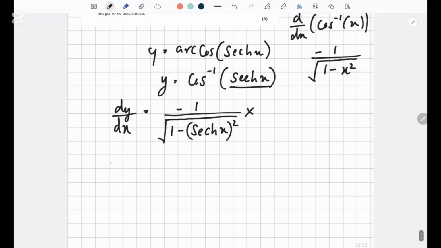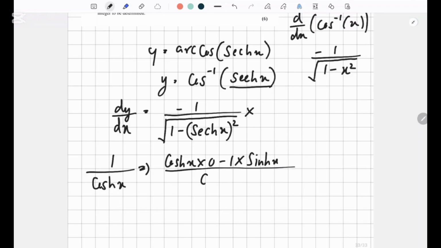We can rewrite sech x as 1 over cosh x. So you use the quotient rule: cosh x times 0 minus 1 into the differentiation of cosh x, which is sinh x, over cosh squared x, giving you minus sinh x over cosh squared x.